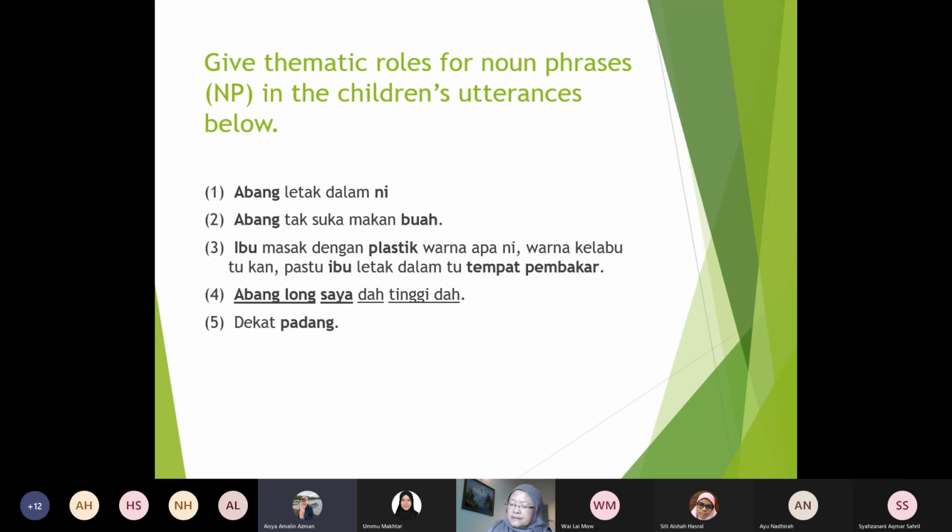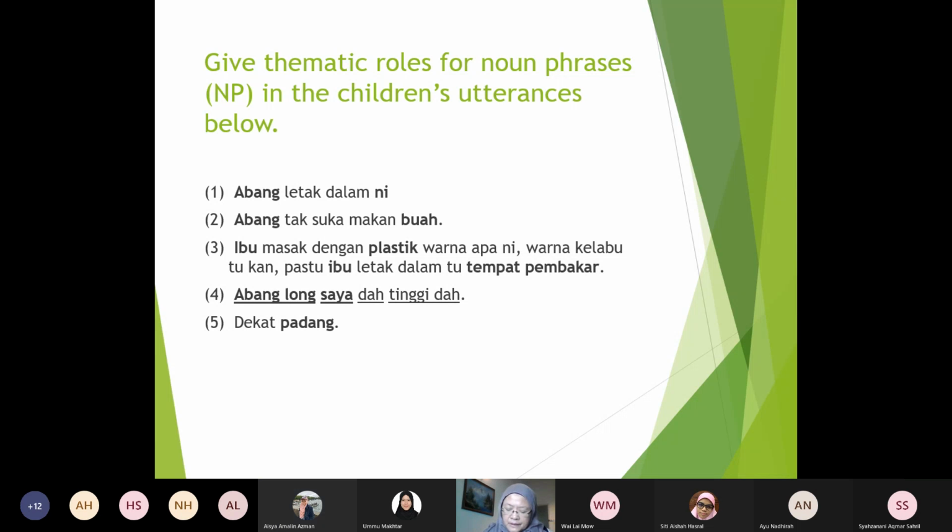Usually the thematic role of the theme is in this template: subject, verb, object. But in sentences like my brother is tall enough, it's the same person. Unlike earlier, which was a different person, a different thing. My brother is tall enough: the linking verb links back to the same.